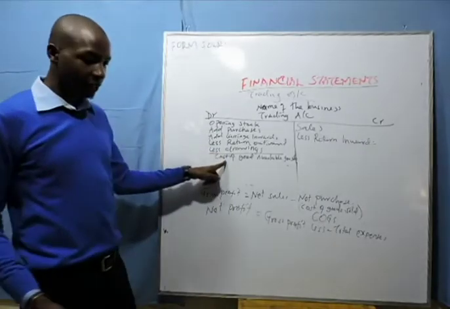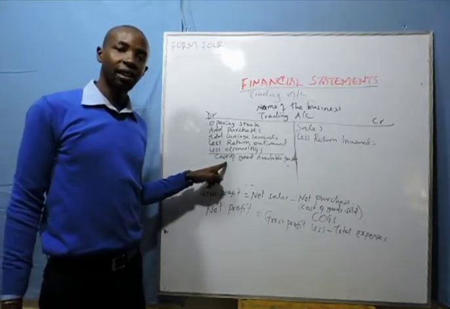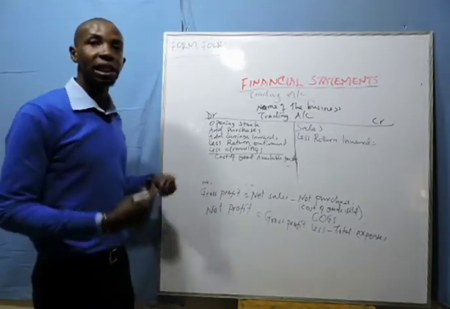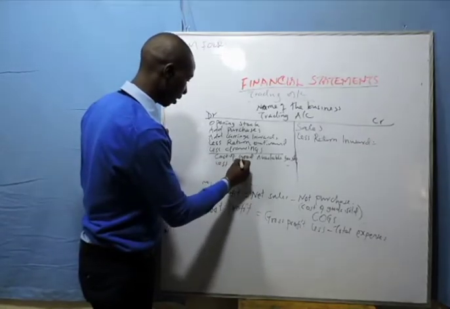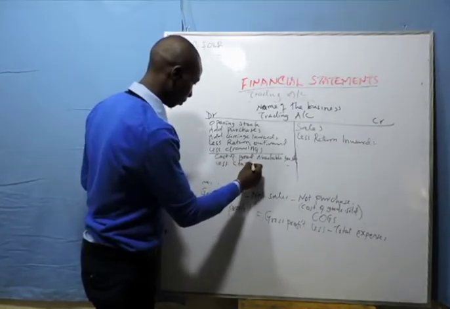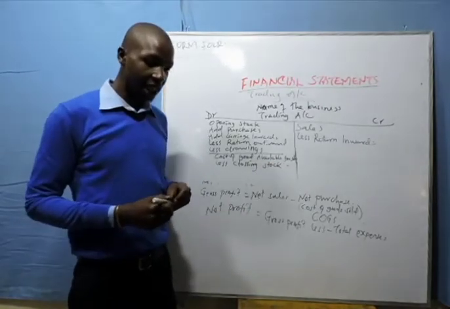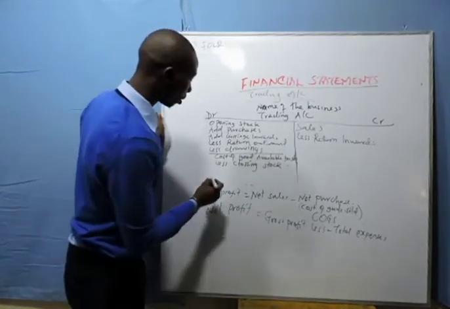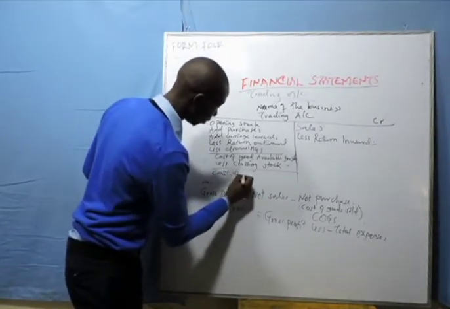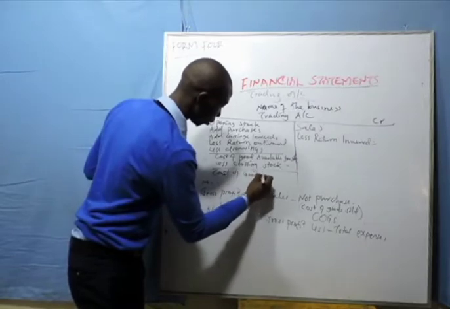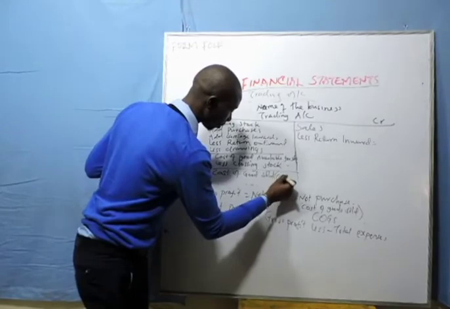Then, after obtaining cost of goods available for sale, I'm going to less closing stock because it is part of the goods that are remaining. And after that, I'm going to obtain what we call cost of goods sold, which is also known as COGS.